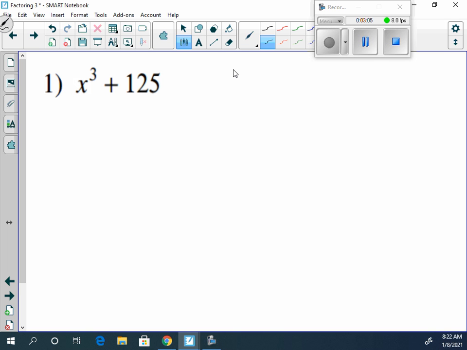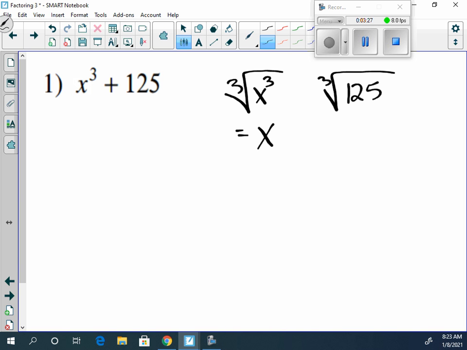So when we look at this here, we want to see, is this a sum or difference of perfect cubes? Now, we can kind of check it to make sure and see if we can take the cube root of x to the third and see if we can take the cube root of 125. Well, the cube root of x to the third is just x, because whenever the root and the exponent are the same, they simplify out completely.